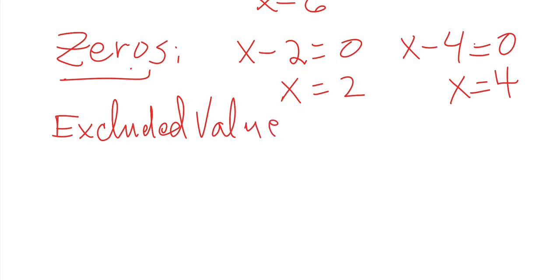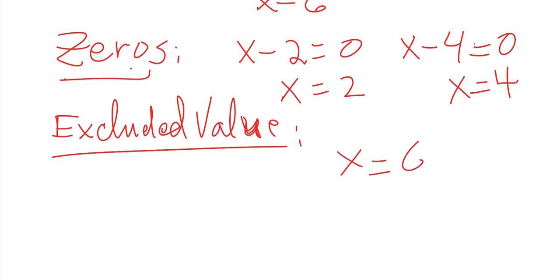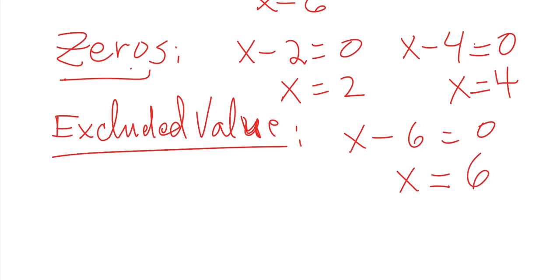The excluded value will be that value that creates 0 in the denominator. So it will be x minus 6, x minus 6 equals 0, or x equals 6. That's the excluded value.